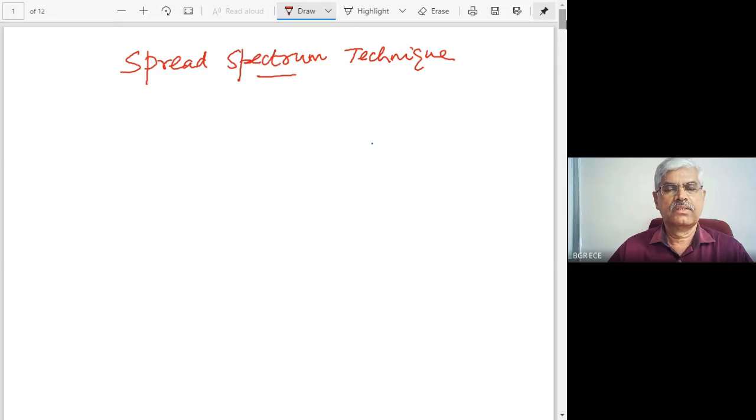You must have learned BPSK, BFSK, QPSK, and MPSK. So these are various modulation schemes using which you transmit signals in order to use the channel efficiently.